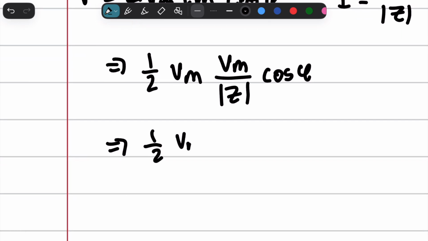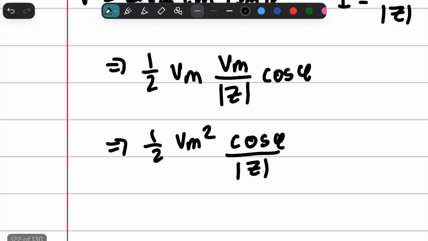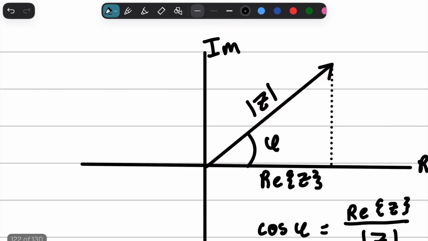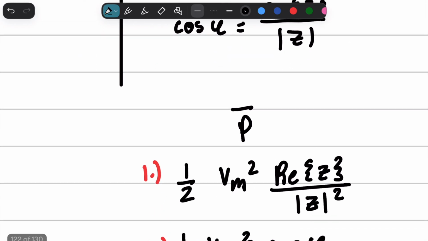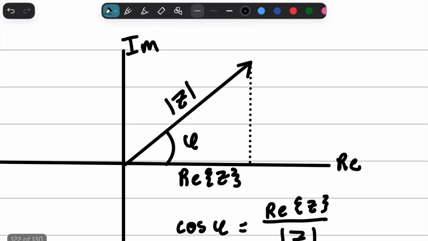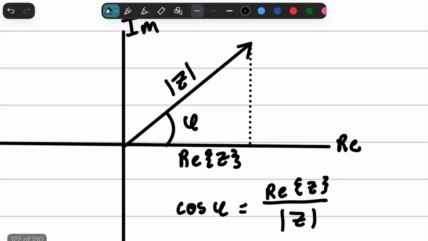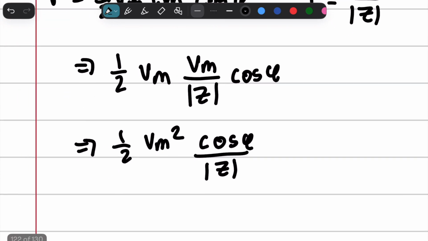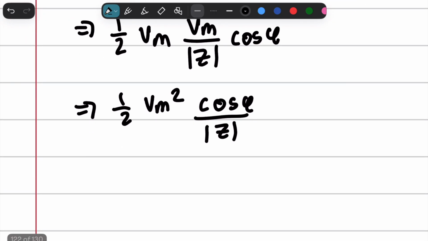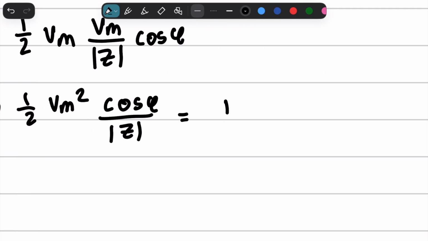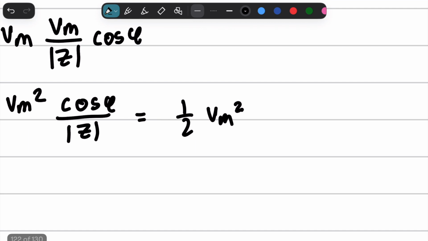So we have Vm squared cosine phi over magnitude Z. And we actually get this one right here, the one with the Z squared and the real part, from this relationship right here. So the cosine, this power factor is related to the impedance, and it's related to the power, okay? So all we're really going to do, this is actually really not deriving, it's just plugging and chugging.